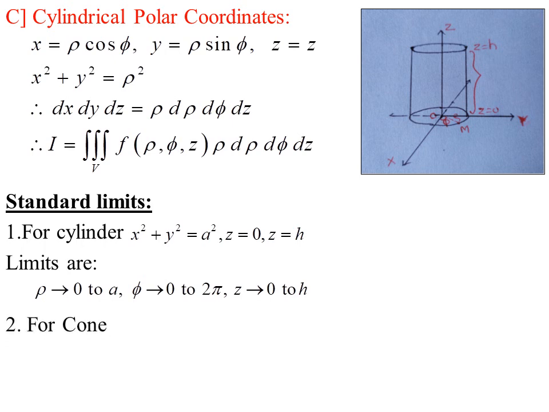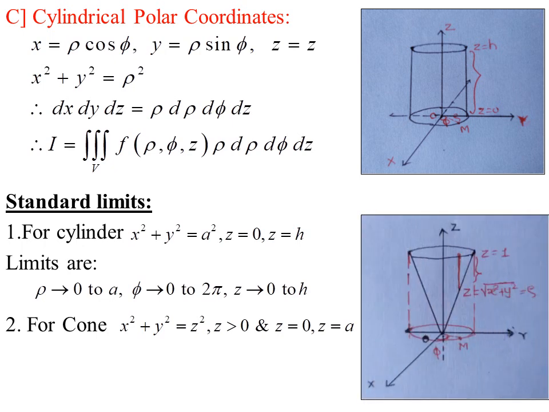Moving next, for the cone, which is represented by this equation, x square plus y square is equal to z square, z greater than 0, and z is equal to 0 to z is equal to a. Let us figure this out. So look at this figure.